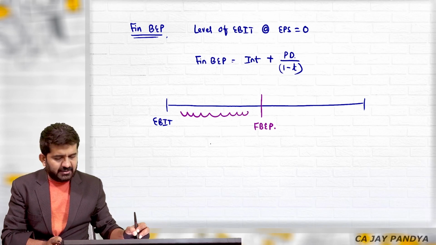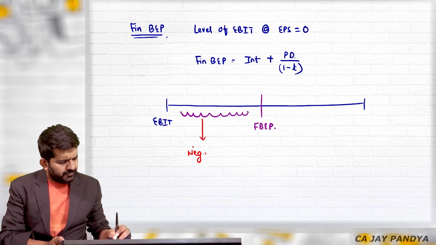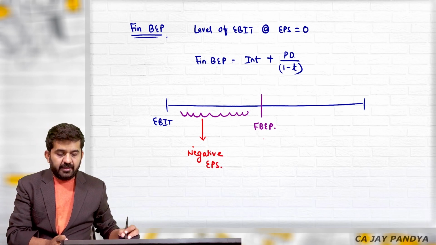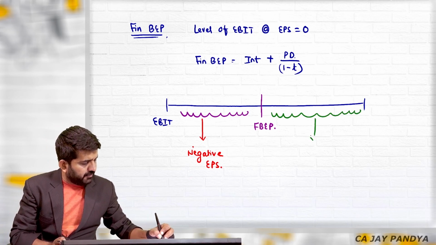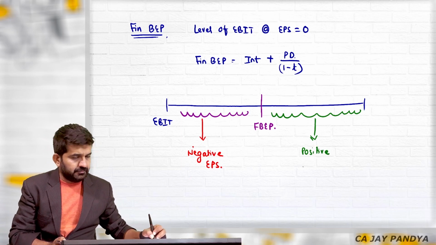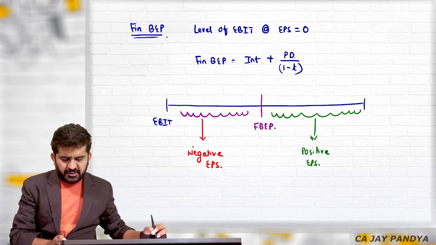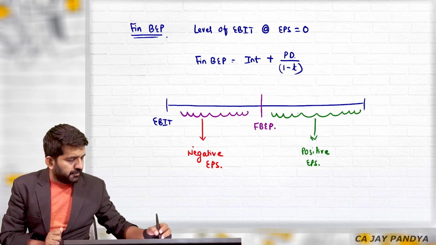EBIT below this, I will be having negative EPS. And EBIT above the financial break-even point, I will be having positive EPS. This is the financial break-even point.